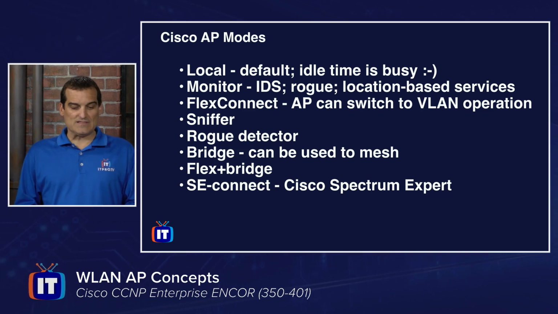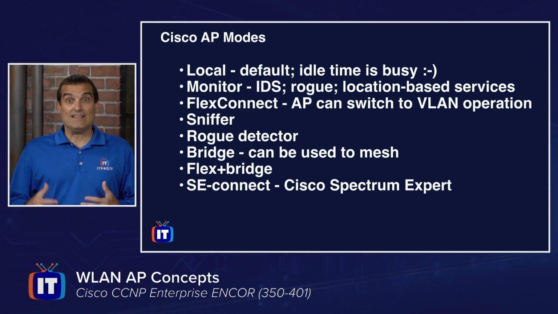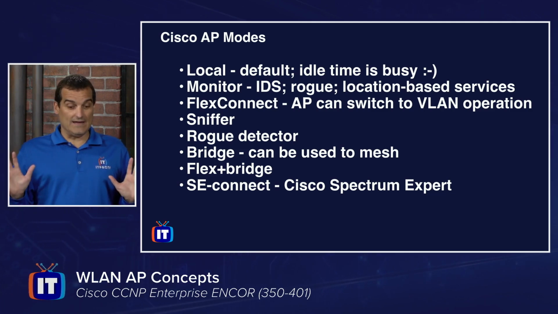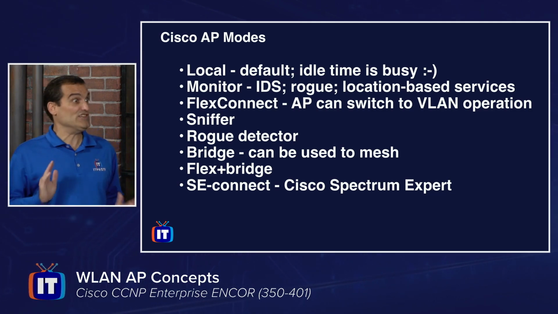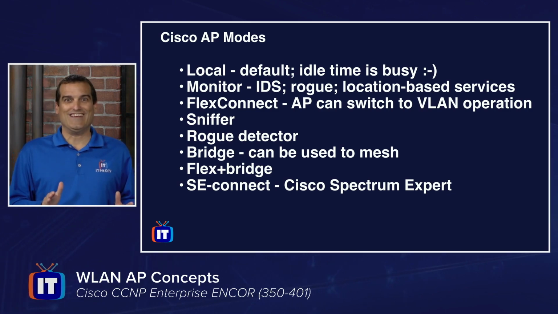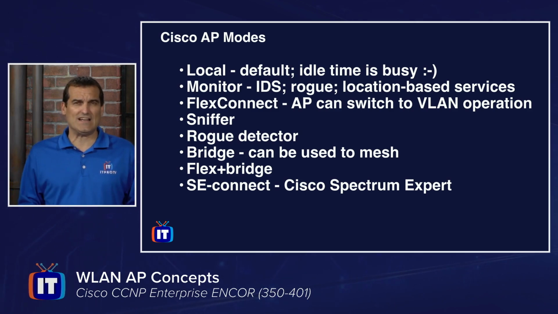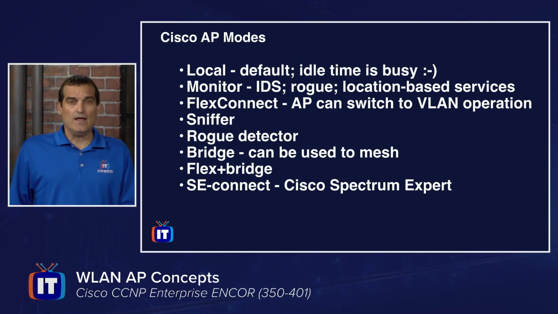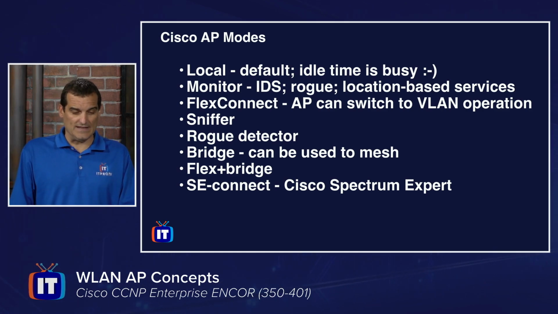And one of the cool things about Flex Connect is that the access point can suddenly go, uh-oh, can't do CAPWAP, and I'll just start doing the old traditional VLAN approach for servicing the local client. So Flex Connect has all kinds of advantages to accommodate a potentially slow, potentially unstable WAN link.